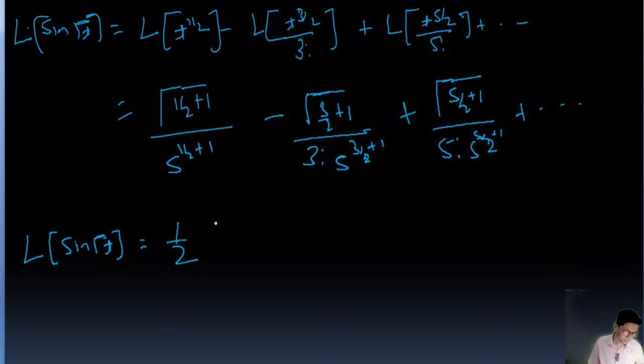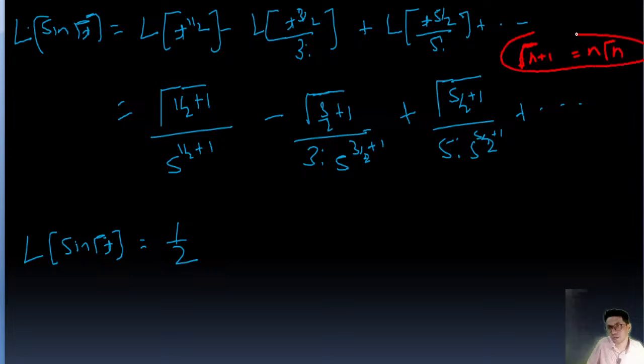So the Laplace transform of sine root t is going to be 1 by 2, gamma. This we know, right? There is a formula, guys. I will write here: gamma n plus 1 equals n gamma n.